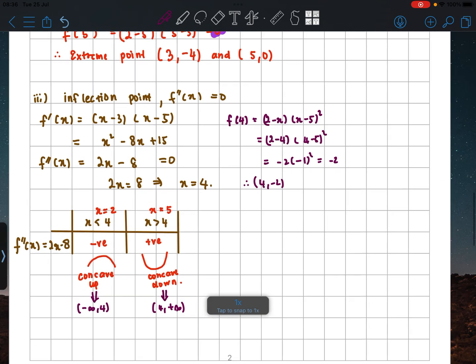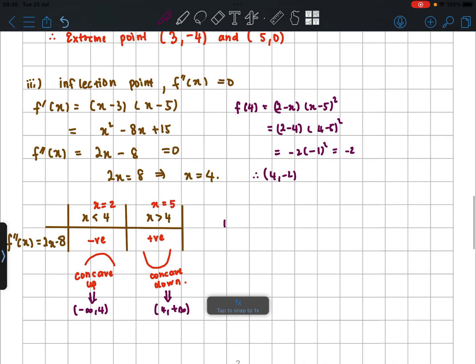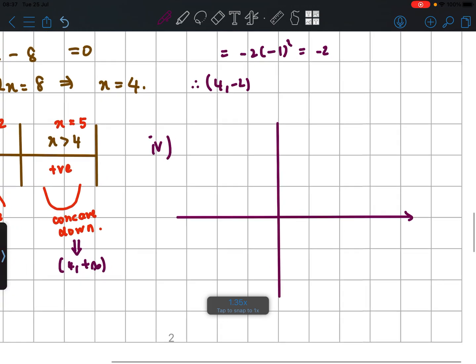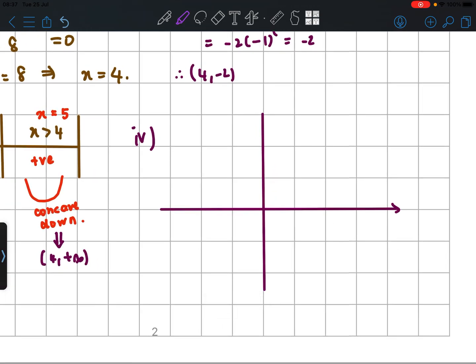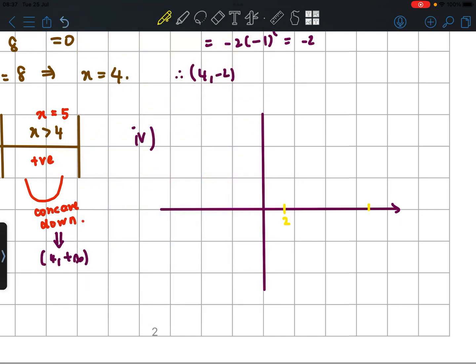So this is our last question, question 4. It is to graph, which is very easy, because we know the intercepts are at 2 and 5, right? So here is 2, 5, and we have 3, 4.